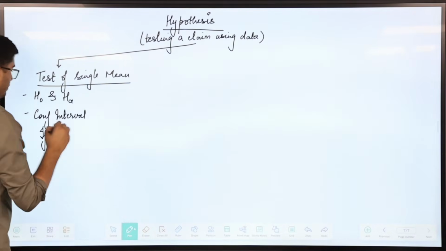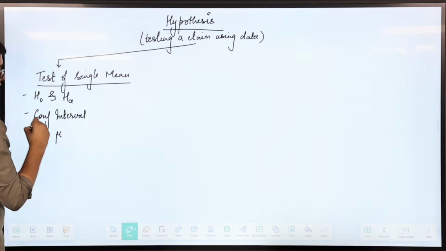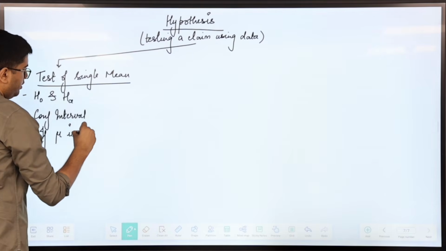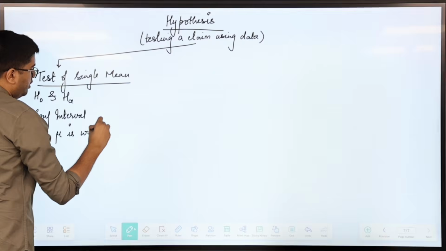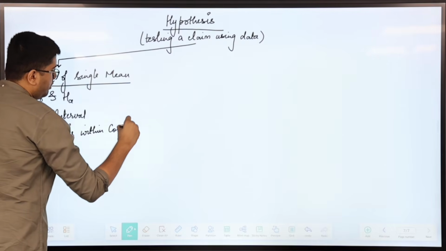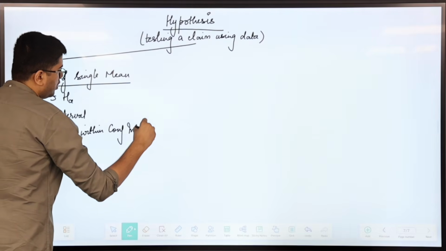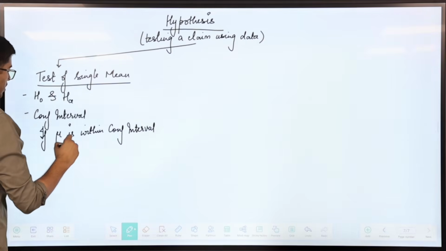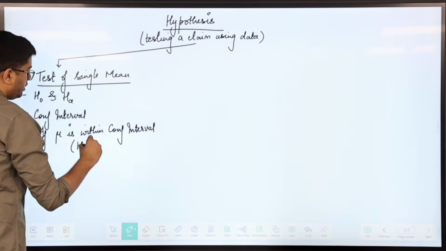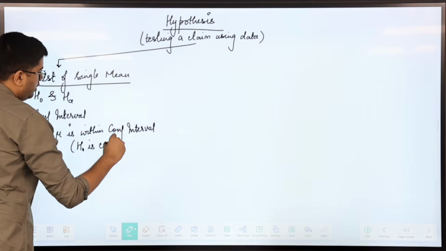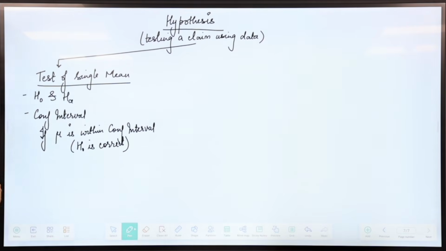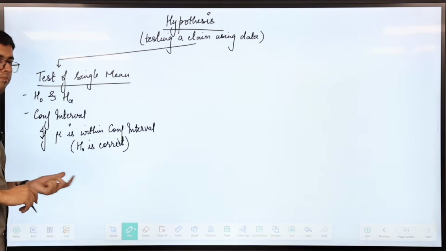If hypothesized value is within confidence interval, then null is correct. So we construct the interval using the data that we collect, and then we check whether the claimed value is within the data or not.